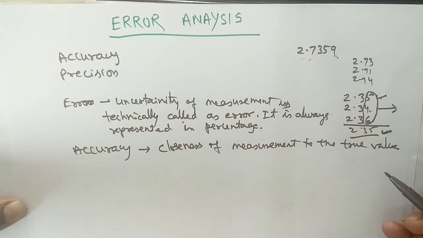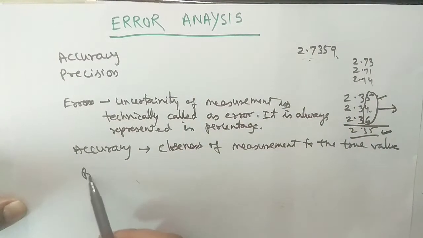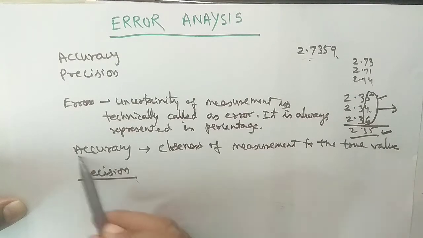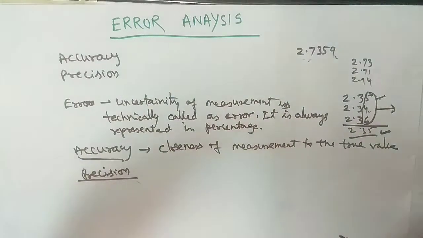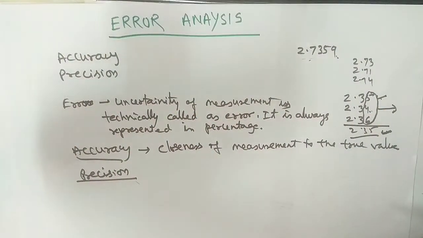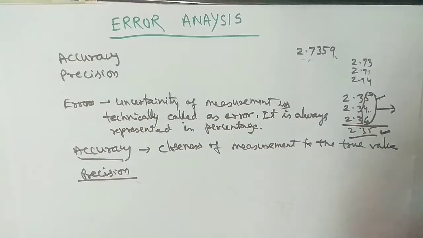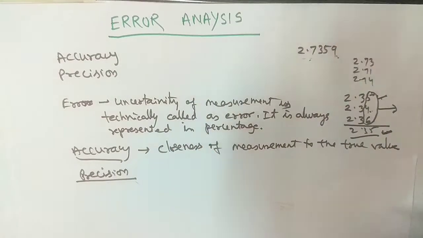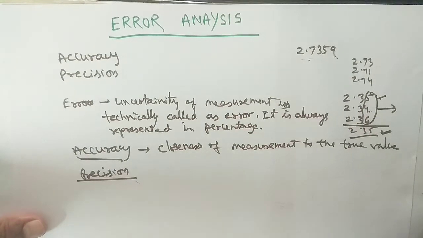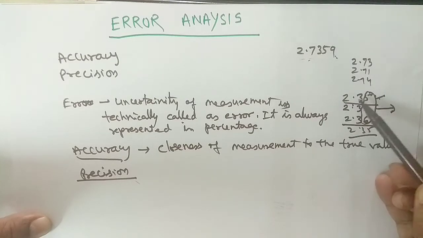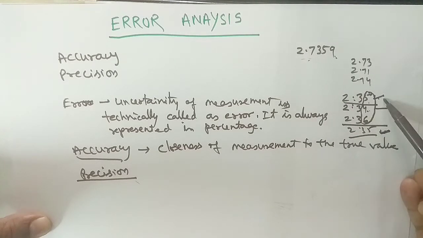Now, what is precision? There is a little difference between precision and accuracy. Precision means it is the most accurate, you can say. Actually, precision is determined by the least count of the measuring instrument. Suppose you are measuring this reading by an instrument which can measure up to the second place of the decimal.